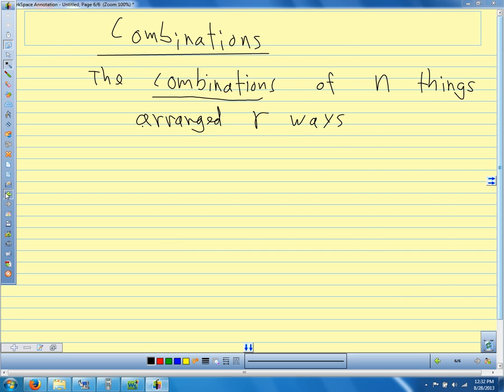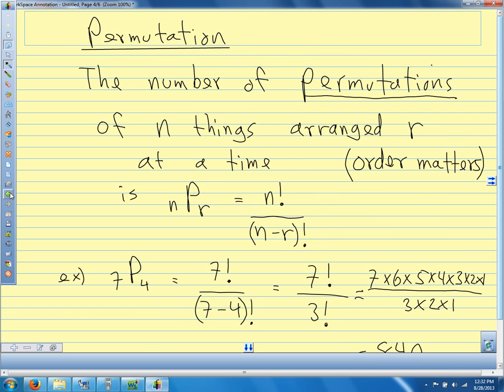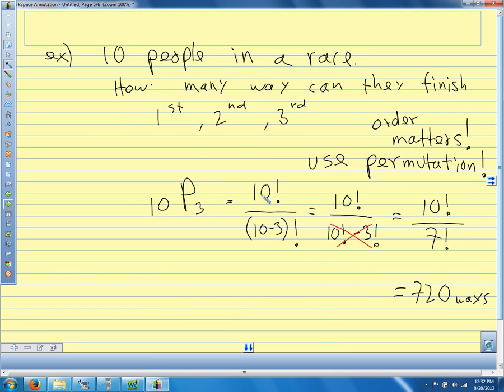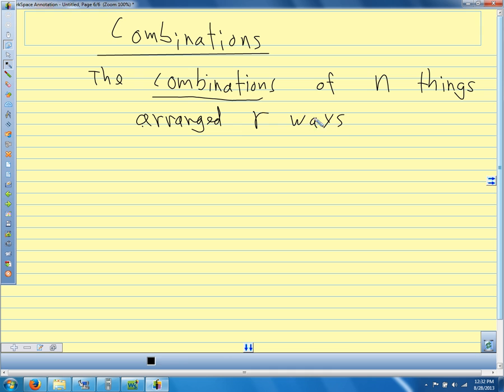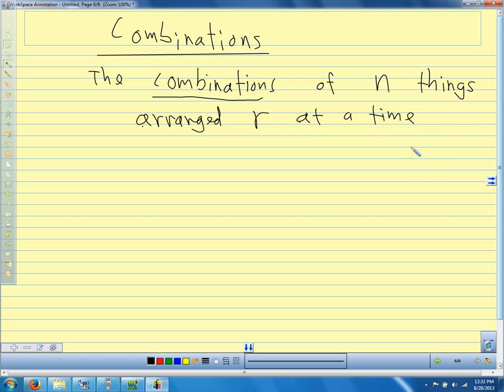Is that the way we said it with our permutations? Is that the way I said arranged? Oh, R at a time. That's what I want. I want to use the same phrase, R at a time. And for combinations, order doesn't matter.